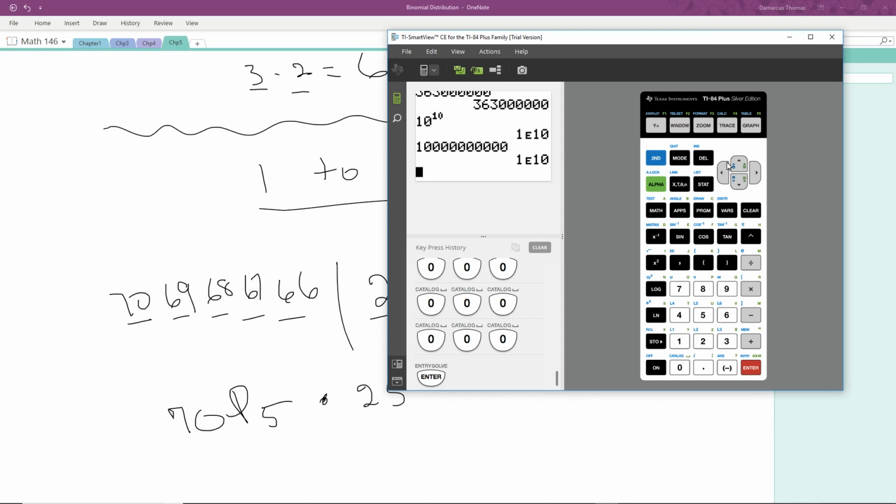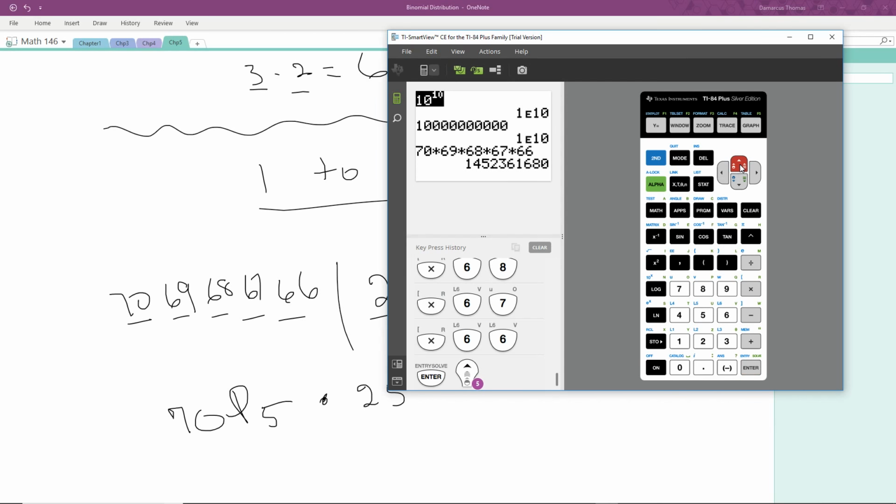And so what they're saying is it's 1 to 3 billion. Basically the way I calculated my odds. Let me write this out this way. Let's do 70 times 69 times 68 times 67 times 66.